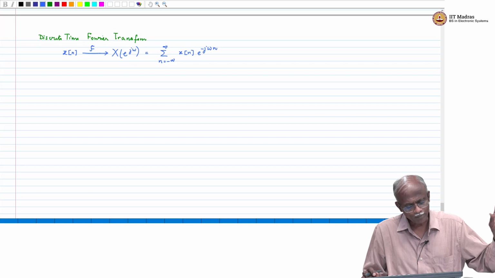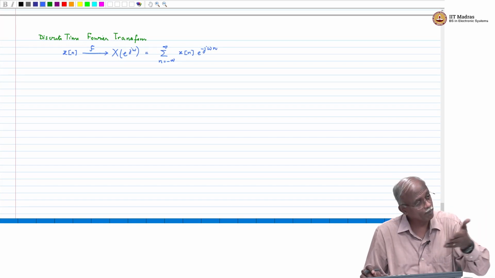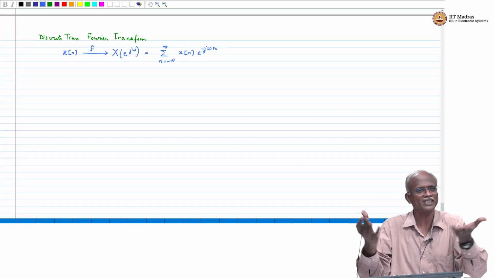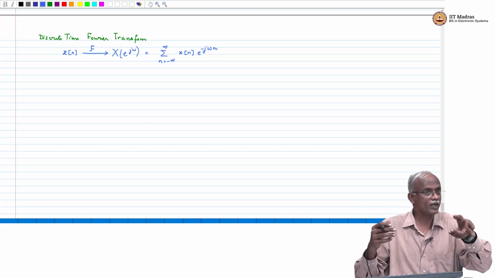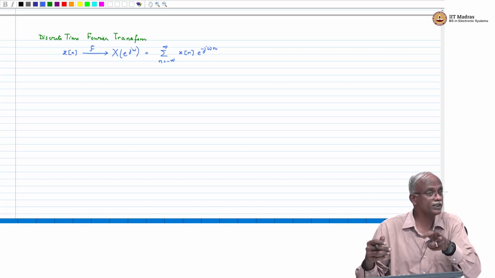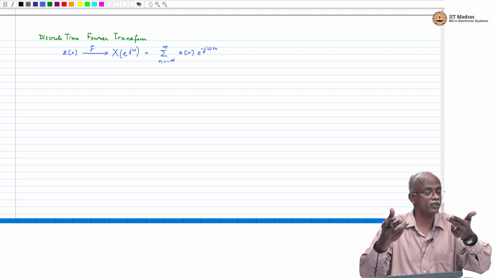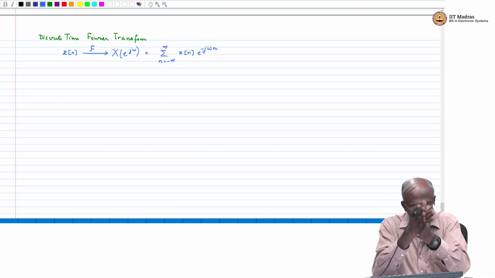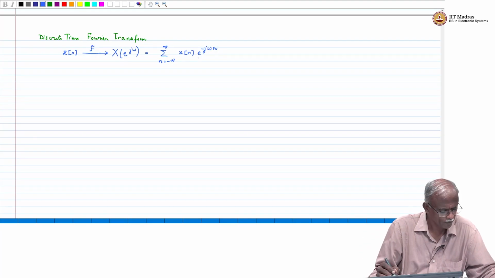Now, x of n can be a sequence. It can be the impulse response. The impulse response also happens to be a discrete time sequence. But if you are taking the Fourier transform of the impulse response, that will give you the characterization of the LTI system. Otherwise, it's the characterization of the sequence that we are talking about.